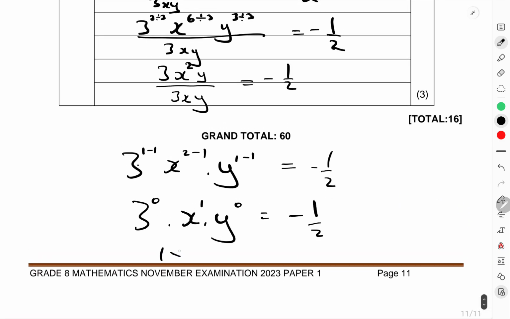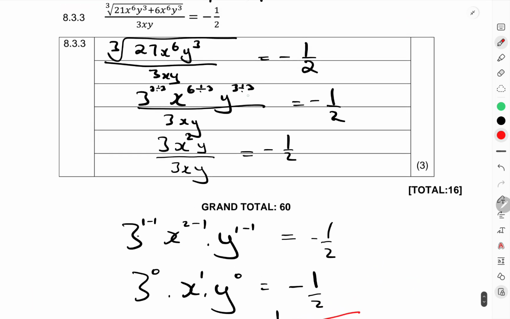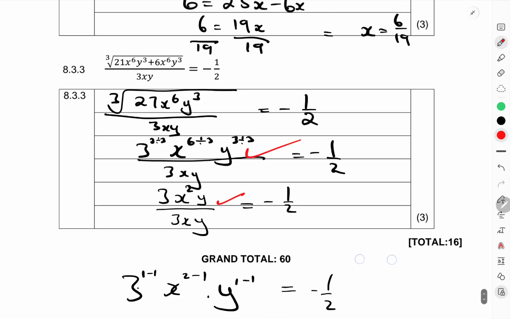Meaning I'm going to have 1 multiplied by x multiplied by 1, which is the same as negative 1 over 2. 1 multiplied by x multiplied by 1, the answer will be x is equal to -1 over -1/2, meaning we are going to receive 1 mark for the answer, 1 mark for being able to divide with that particular 3 as the cube root, then 1 mark for us being able to find this part.